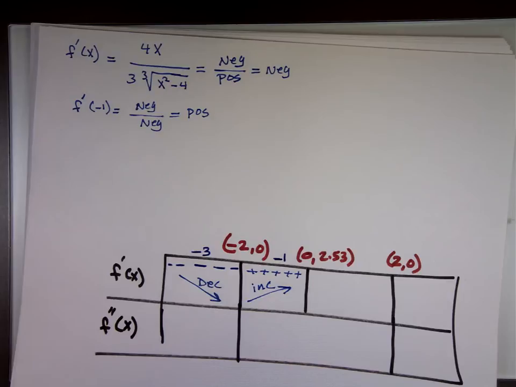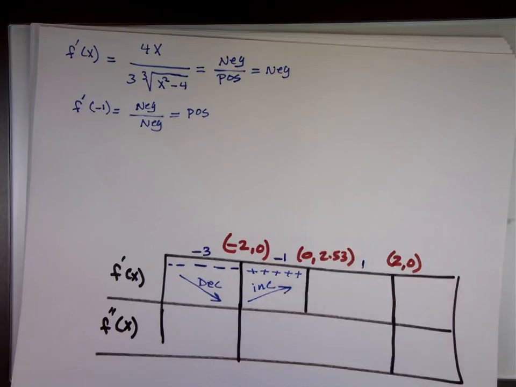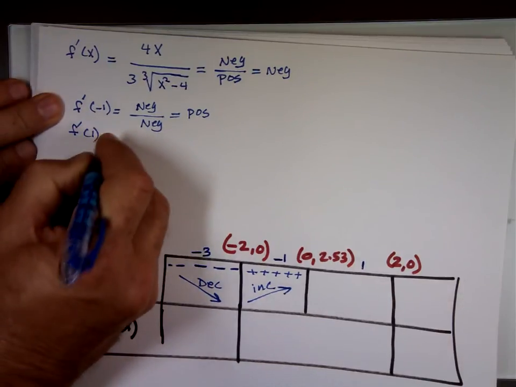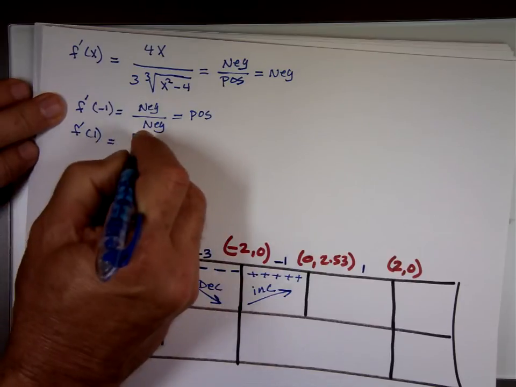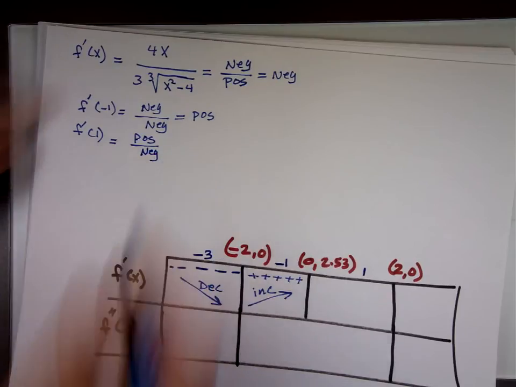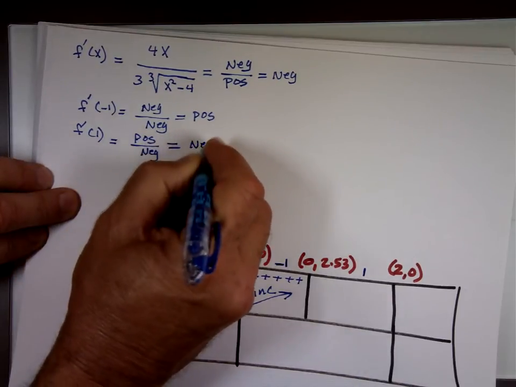Between the 0 and the 2, use a 1 here. What's the derivative of 1? The top is positive. The bottom is negative. What's a positive over negative? Negative, that's decreasing.